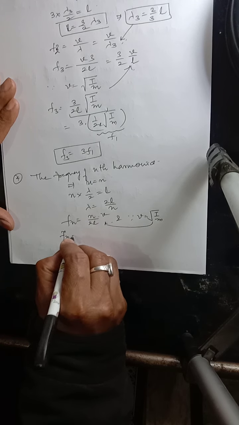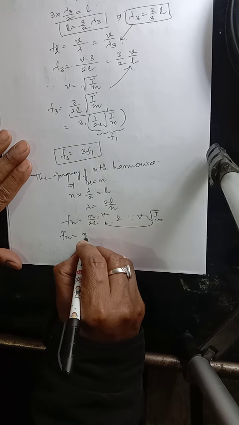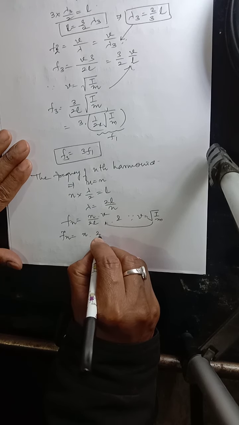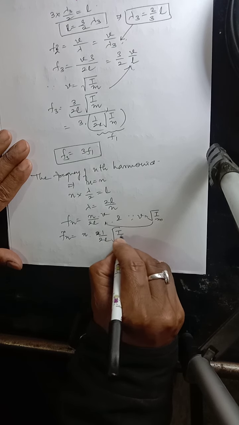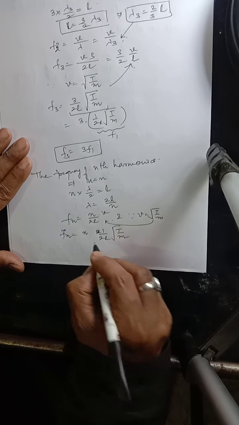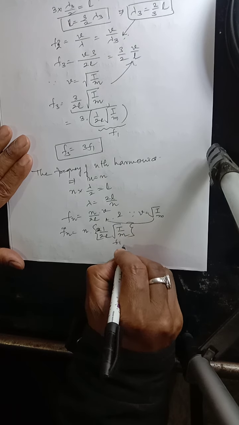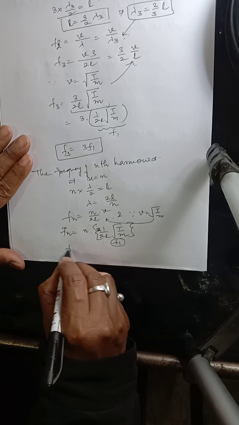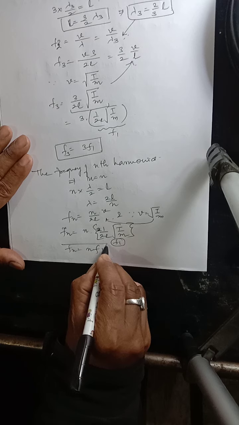So Fn is equal to n into 1 upon 2L under root of T by M. It is F1. So Fn is equal to n times F1.